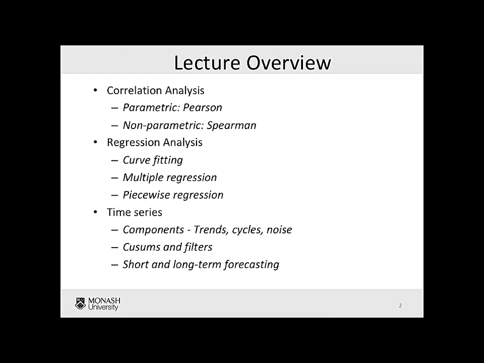Pearson's assumes that you have pretty much normal distribution, that the characteristics of the variables themselves meet the certain criteria, and if they don't, then you have to use this non-parametric test. Regression analysis, as I said, it's basically looking to fit a trend curve or line.